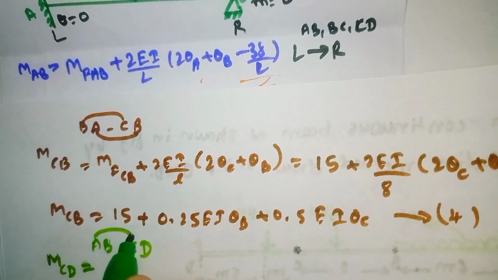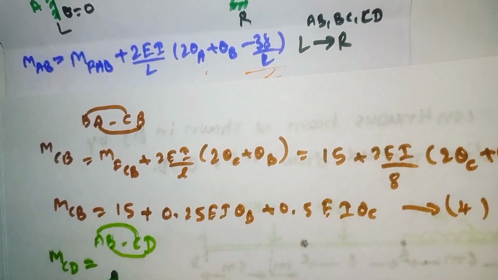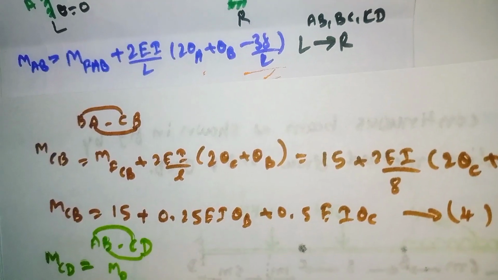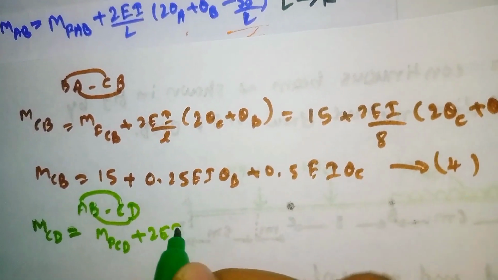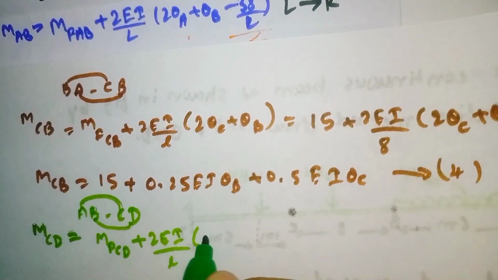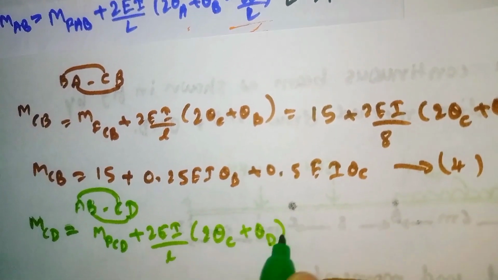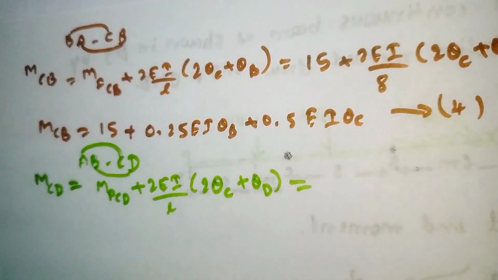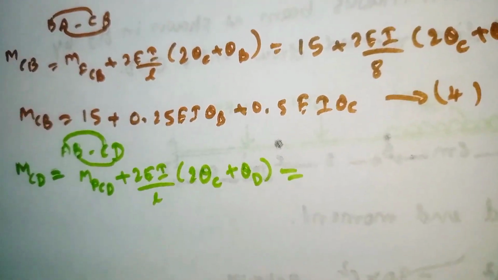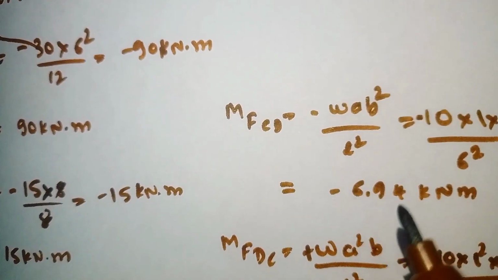So in case of A, put C. In case of B, put D. So MCD is equal to MFCD plus 2EI divided by L, 2 into theta C plus theta D. So substitute all the values. Our MFCD value we got was minus 6.94.